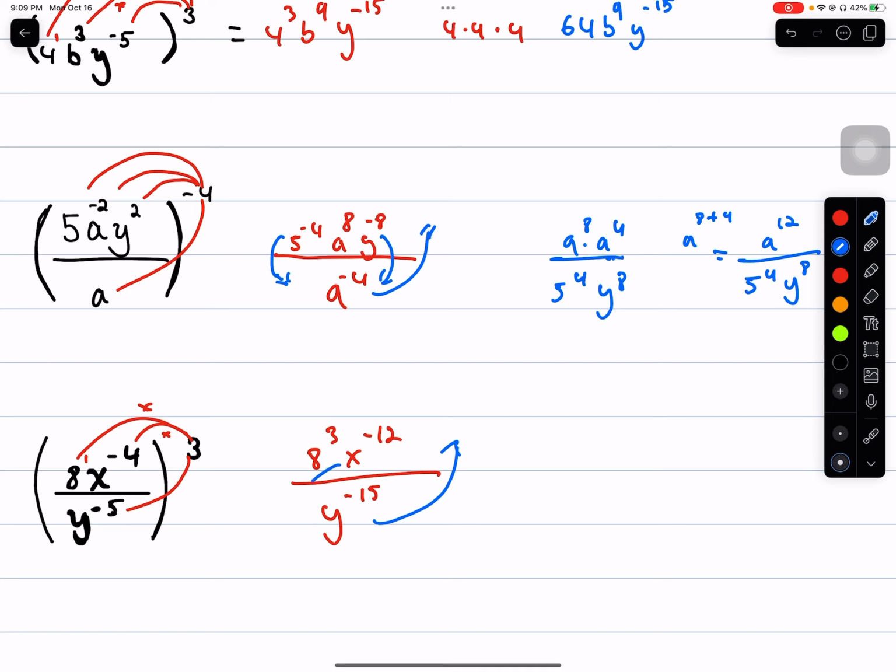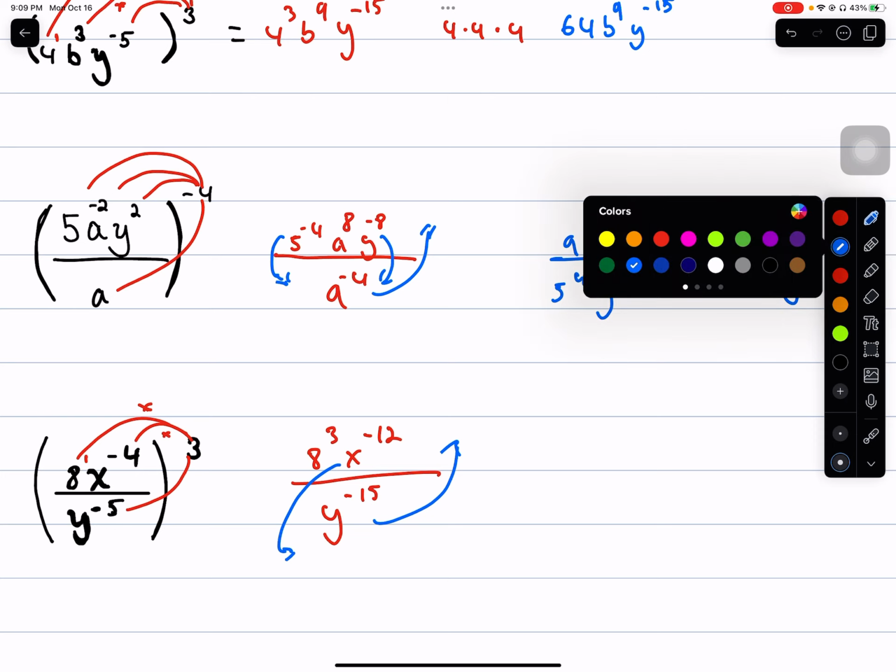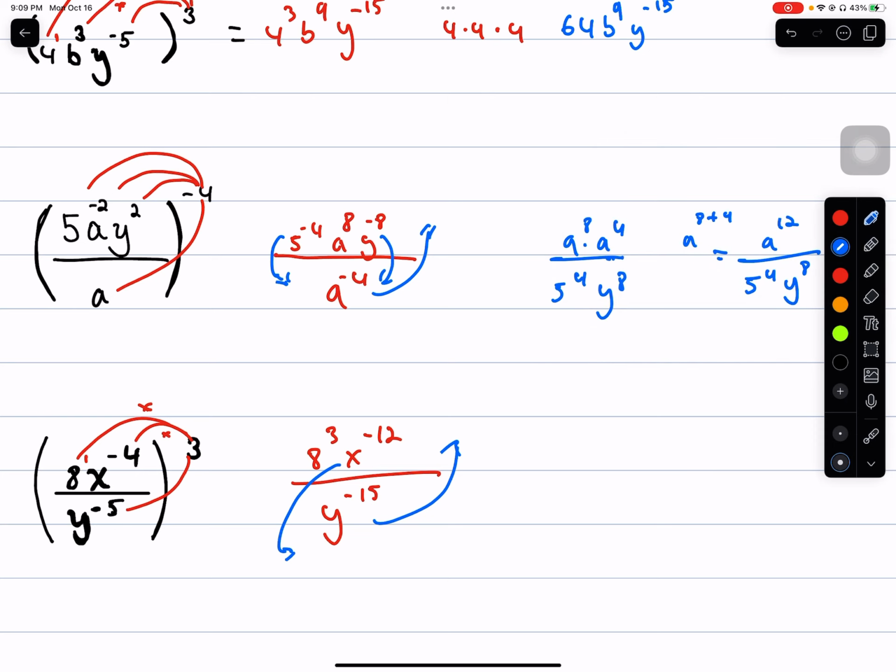This goes on top, this goes on the bottom. So now I have 8 to the 3rd, y to the 15, and x to the 12, positive 12 that is.